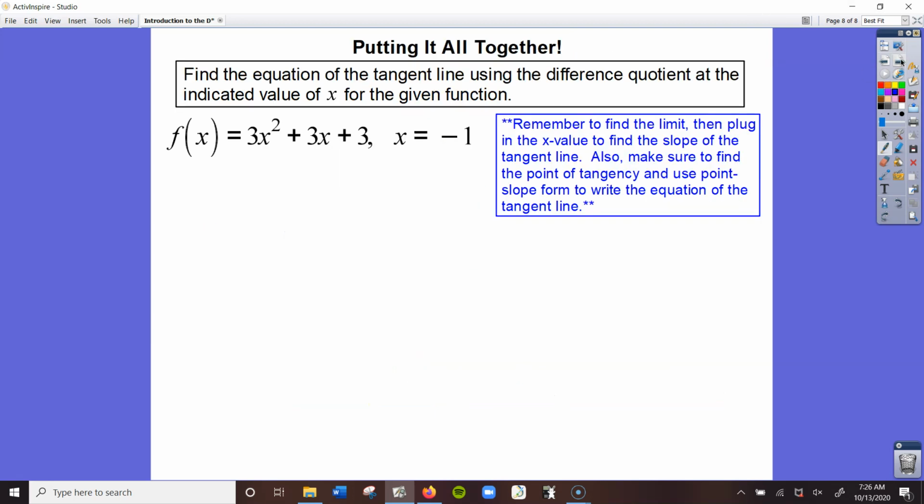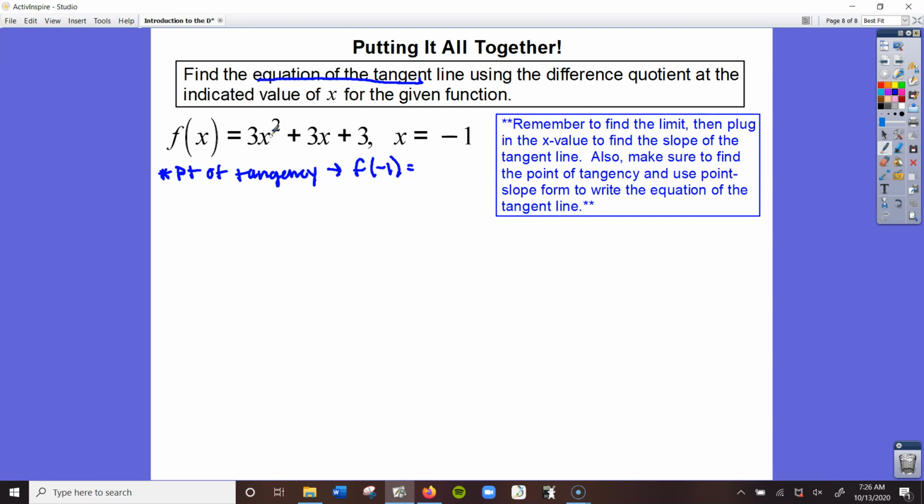Okay, so now we're going to put everything all together. We're going to find the equation of the tangent line using the difference quotient at the indicated value of x for the given function. So here we go. Remember, if we're finding the equation of the tangent line, I also need the point of tangency. And that is by finding f of negative 1.